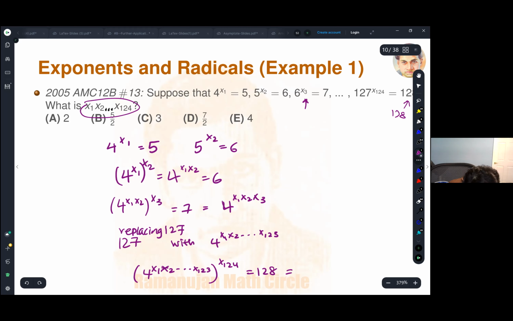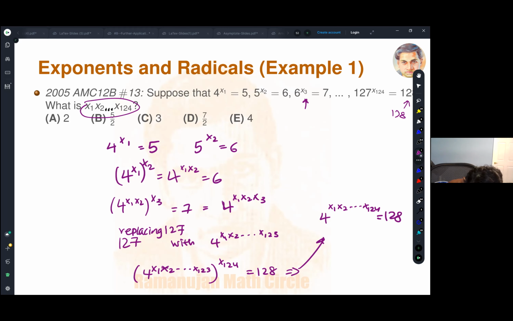And this means that 4 to the x1, x2, all the way till x124 is equal to 128. And then now we just have to figure out which power of 4 works.